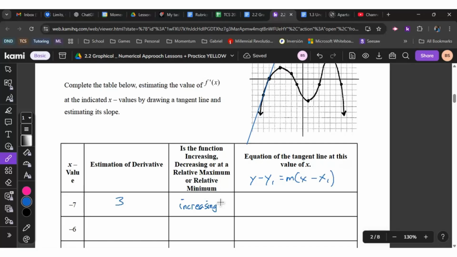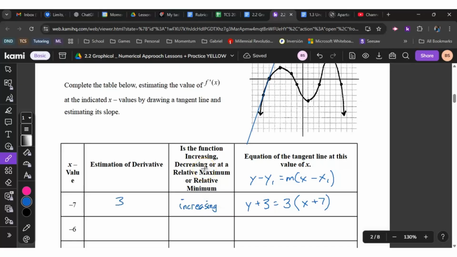All right, so we know our point because it's right here. It's at -7 and -3. So this is just going to be y plus 3, right, minus -3 plus 3, equals, estimation of our derivative was 3 times x minus -7 or x plus 7. So that's it. Amazing, right?